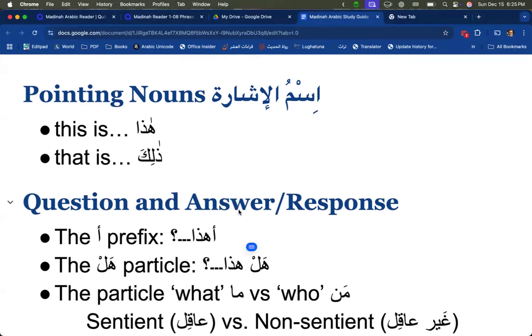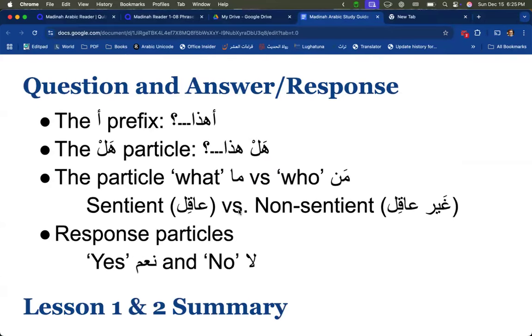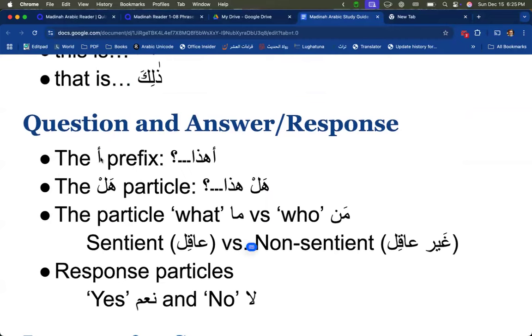And then we learned in lesson one the pointing nouns, هذا and ذلك. That's what we learned. And then we learned how to ask a question by the question particle. أهذا باب؟ أهذا بيت؟ Right?